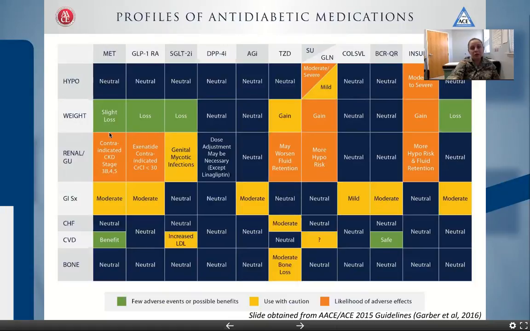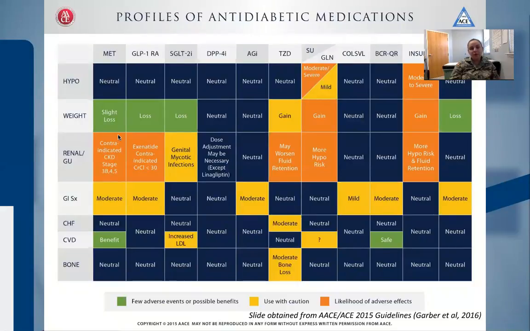We have to be careful with GLP-1s. So exenatide is contraindicated with a creatinine clearance of less than 30. Exenatide is also known as Byetta. However, other medications, such as Victoza, have no renal dosing, so you may want to choose a different medication in the class that's not exenatide.